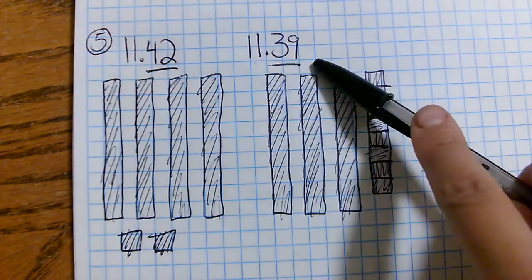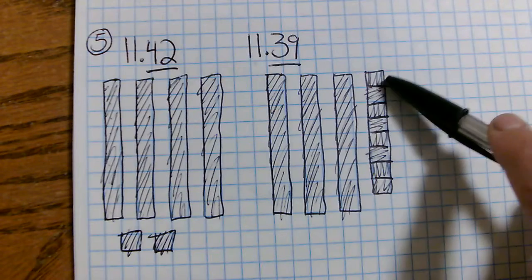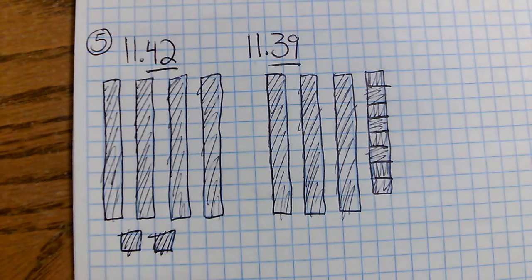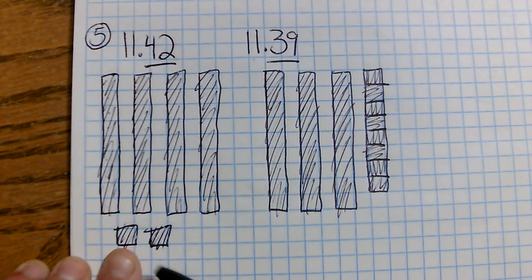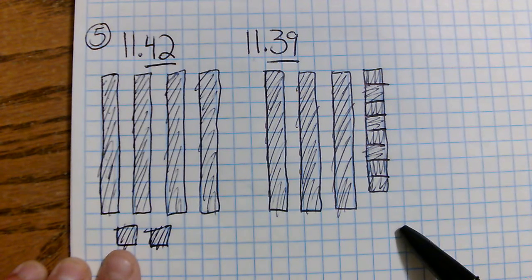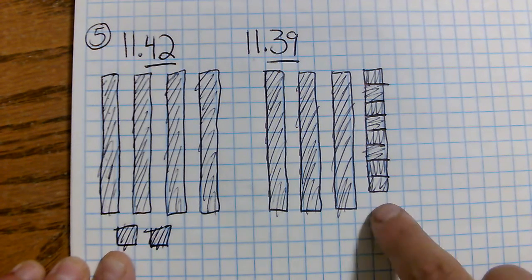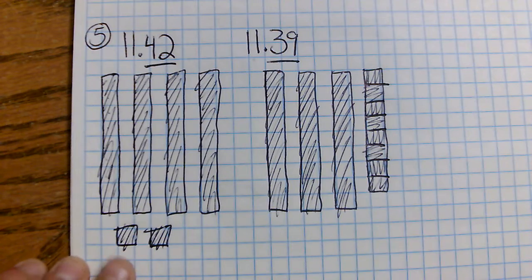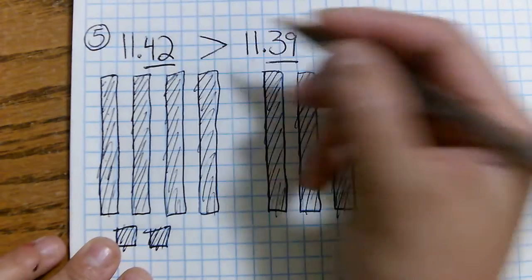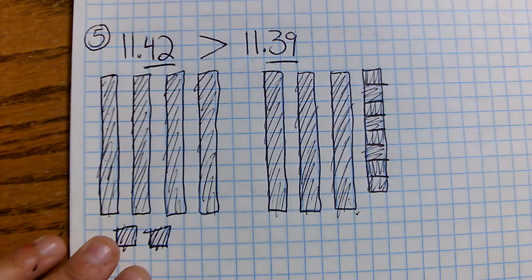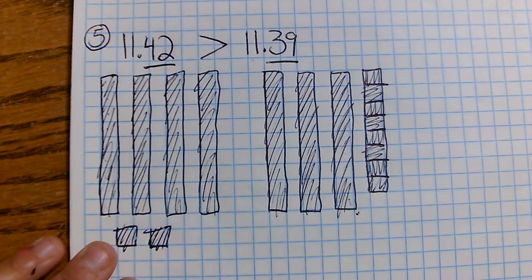And then for 39/100, I do 3 rods and 9 individual units. So you can see this one has 3 more blocks than this one does, because I would need 1, 2, 3 more in order for them to be equal. So this guy must be greater.